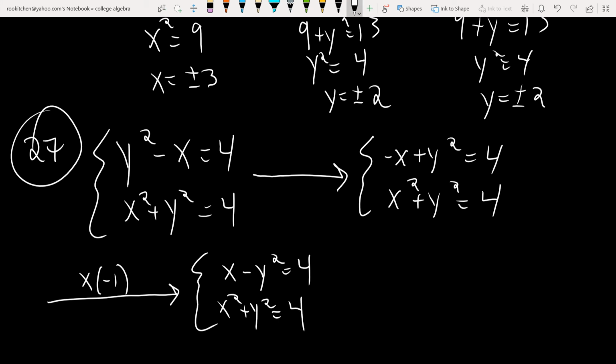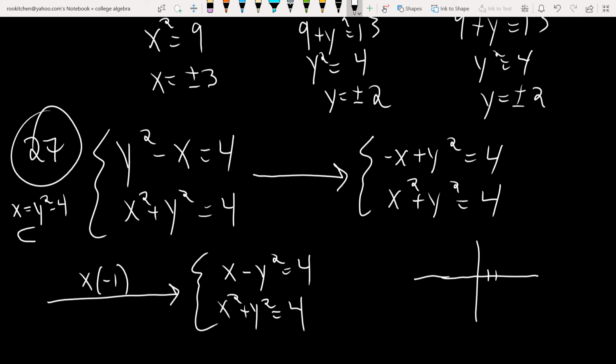The geometry of this one, you have a parabola and a circle. The parabola is a little unusual in that if you solve it, it'd be x equals y squared minus 4, and the orientation then would be like this, but then shifted over 4.